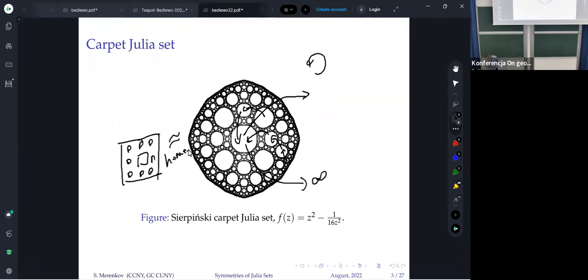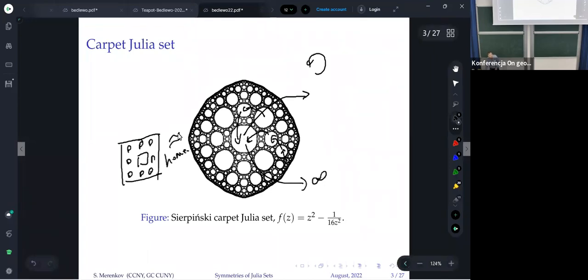There is a large family of such Sierpiński carpet Julia sets, and what we would like to know in particular for this example is what is the group of quasisymmetries of such a Julia set. By the way, quasisymmetries do form a group: the inverse of a quasisymmetric map is quasisymmetric itself, and so is the composition of quasisymmetric maps. So we would like to describe the group for such a carpet, to see how large it is.